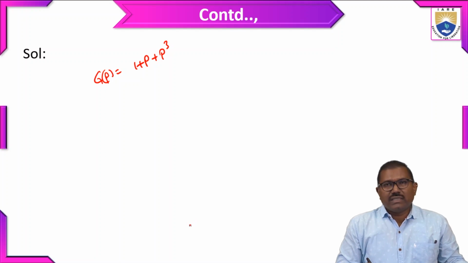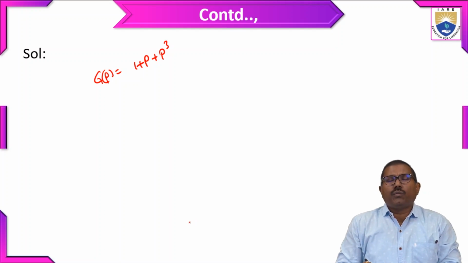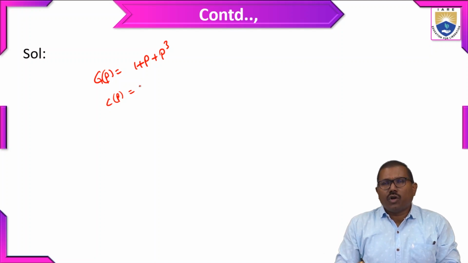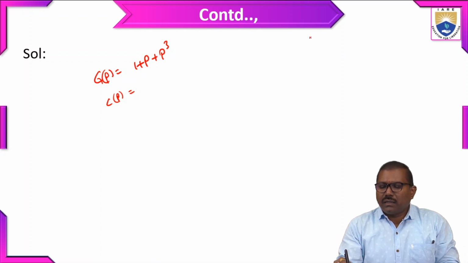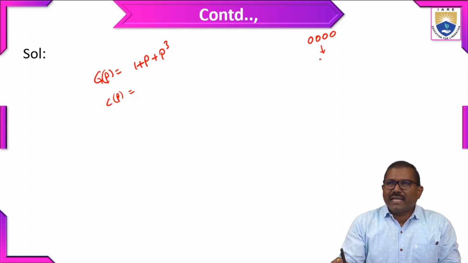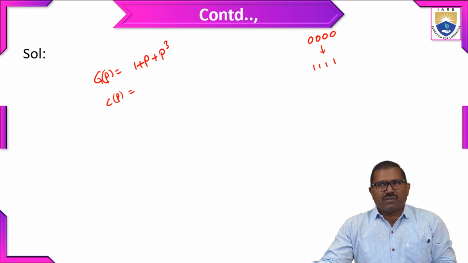From this generator polynomial, we are going to generate the code polynomial. So all of it is in the form of polynomials. Out of the 16 message polynomials, we can take any one for understanding, and then find all the 16 code polynomials by using these message polynomials.